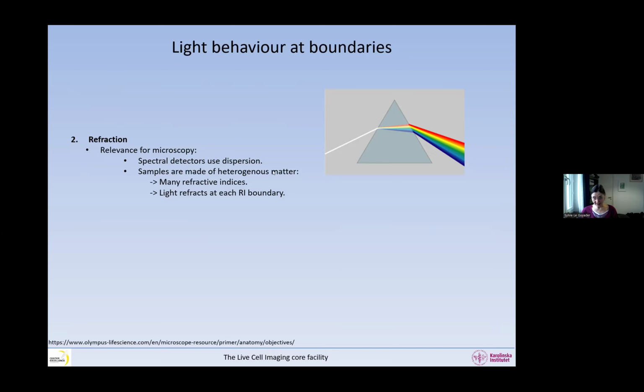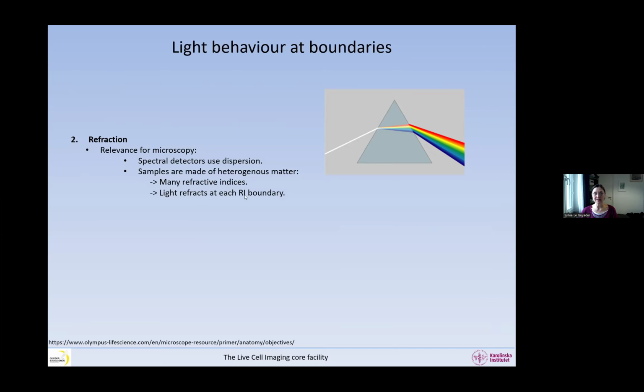Another thing for which refraction is important is that our samples are unfortunately made of heterogeneous matter. We have a lot of different material in the sample, the proteins and the lipids and everything, and each of them has a different refractive index. And therefore, in a sample, we have a lot of different refractive indices, and the light has to go through all these refractive indices, and every time we have refraction.